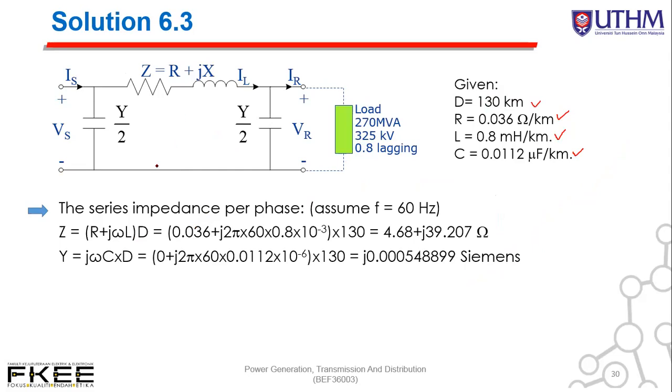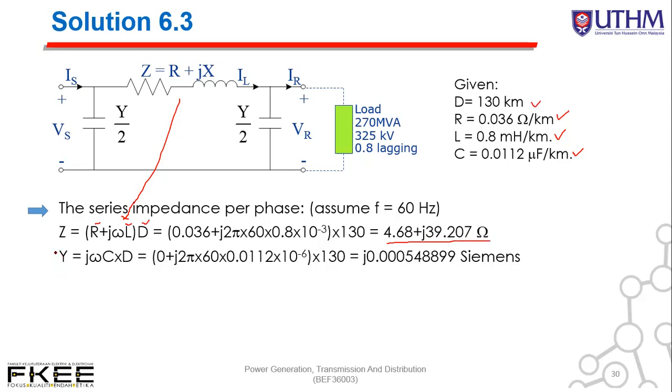Z equal to R plus jX, so we can calculate this one. Just replace the values of R, L and D given. So we got impedance is 4.68 plus j39.207 ohm.